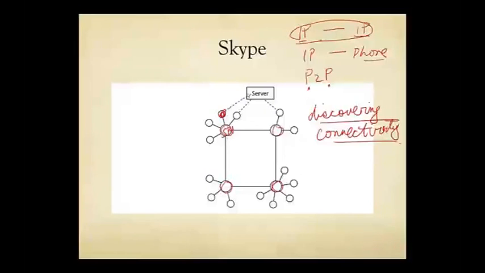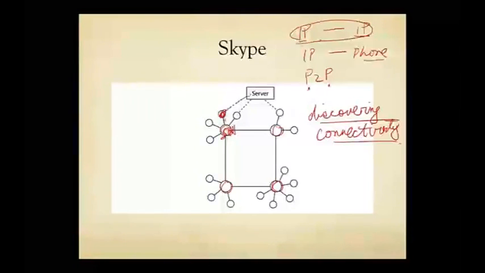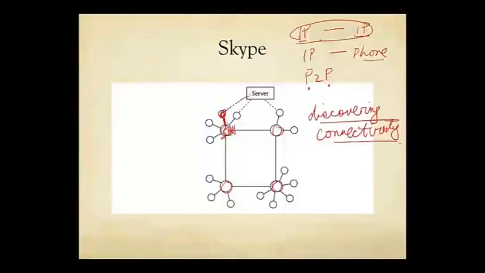So the server will authenticate you, make sure you are indeed a Skype user, and then you tell the server that, hey, I would like to call up the following Skype user. And then the server will direct you to a particular supernode, and then your communication will be carried out by a supernode. Now these supernodes are basically just like a normal node, and some of your desktop machines might be used as a supernode, and you may not even know that.